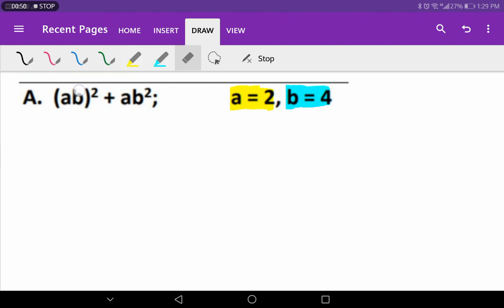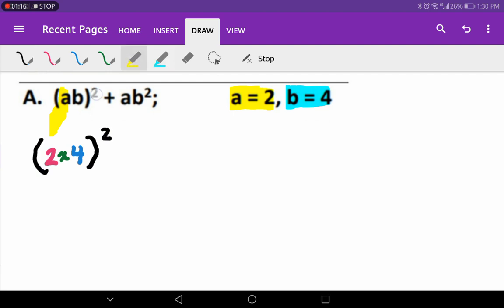Let us start. Now, a, actually, it is 2, so I will write 2, and b, it is 4, I will write 4, and don't miss to write multiplication between them. Okay, now raised to the power 2.